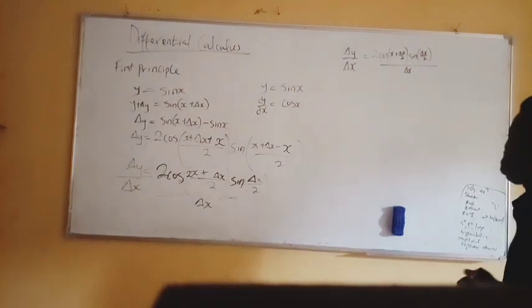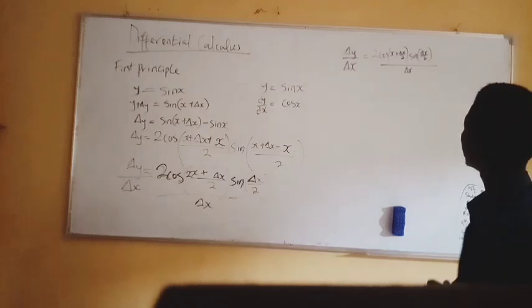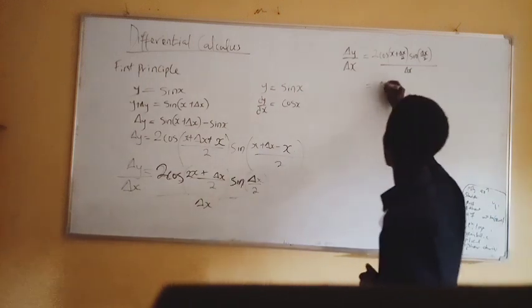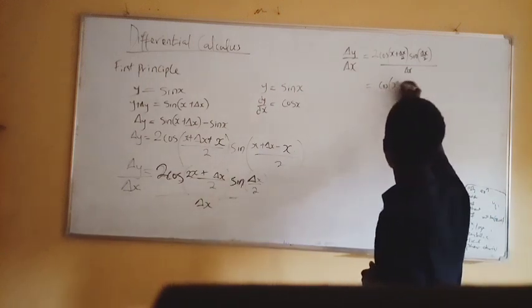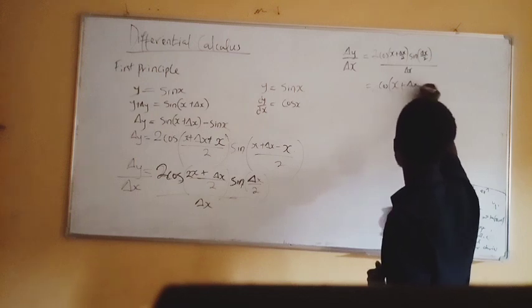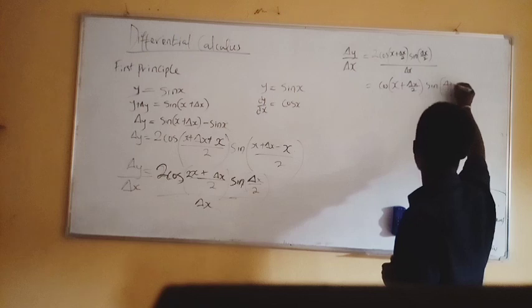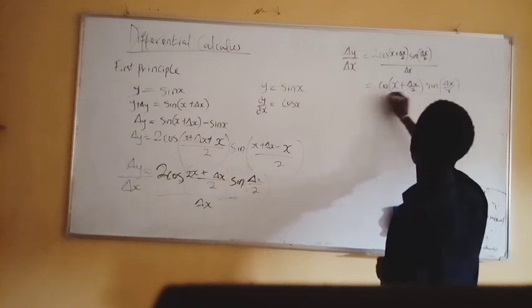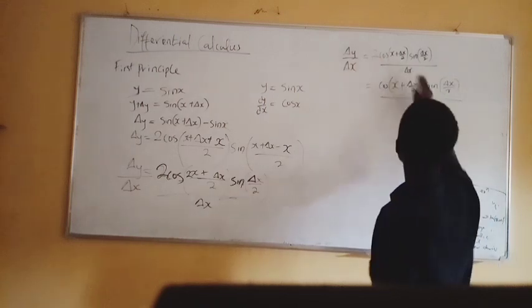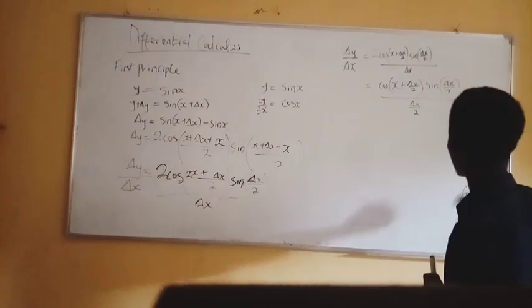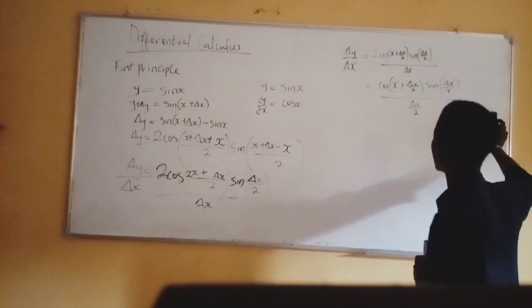Now, we can make this also become cos of x plus delta x over 2, sine of delta x over 2, over delta x over 2, because this is not clear. So let me rewrite it again.